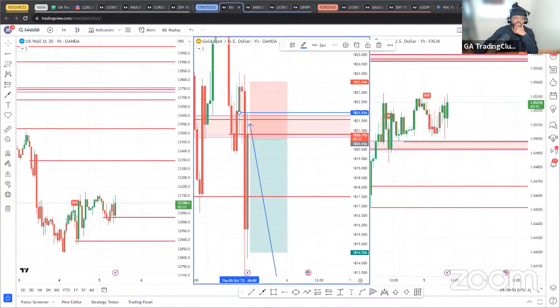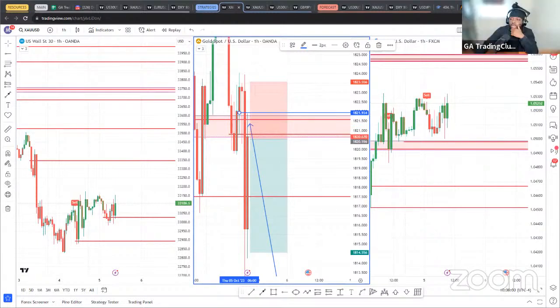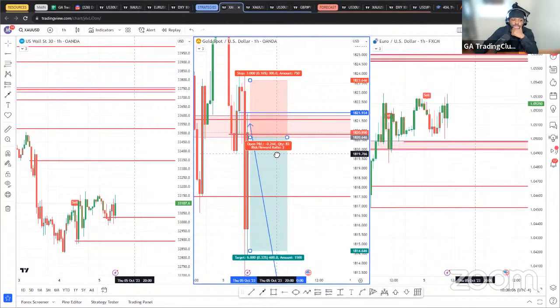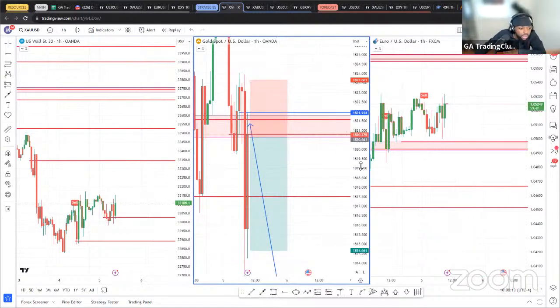Let me do something here. I will scale in a small position on this hourly entry. No, let's see, it closed above, so the 1 hour entry is invalidated. Let's see where they closed it.